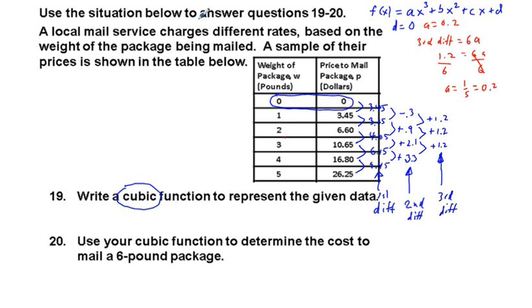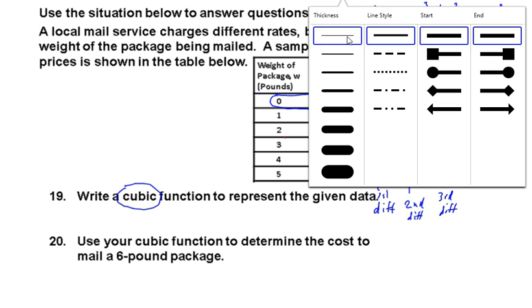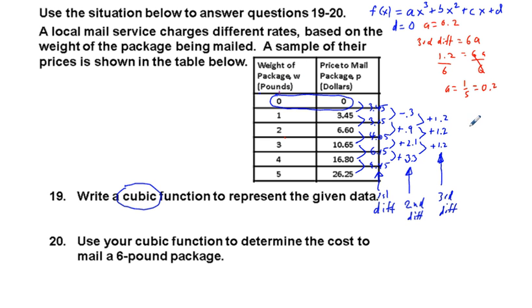Okay, the next one we're going to do is look at the next equation, and I'm going to make space over here to the left of the table. So I'm just calculating the second difference.